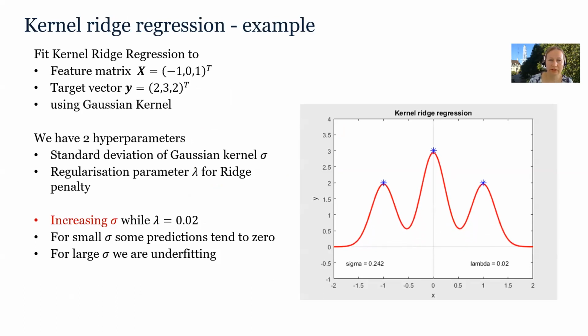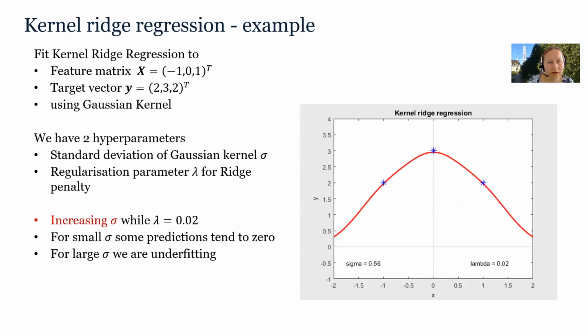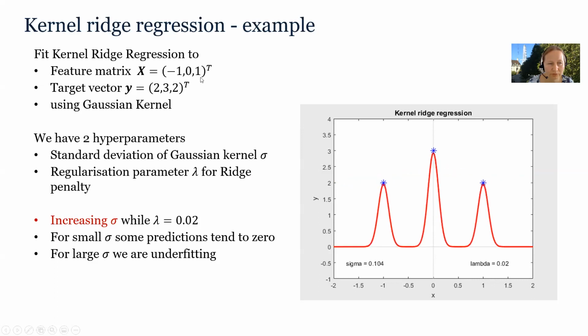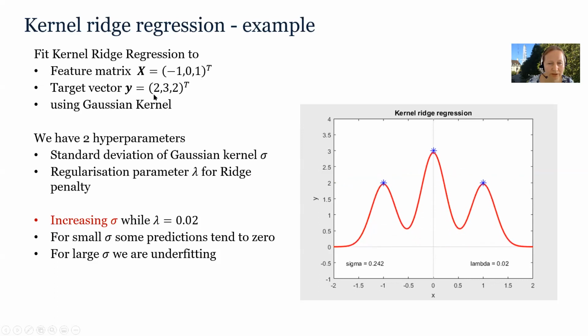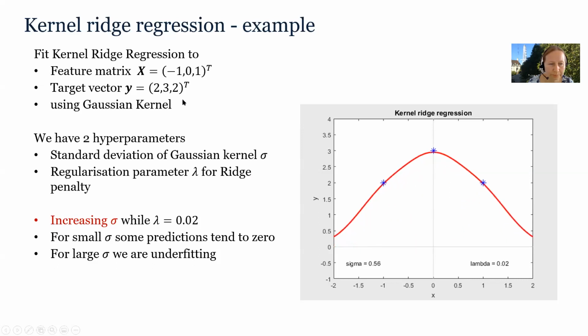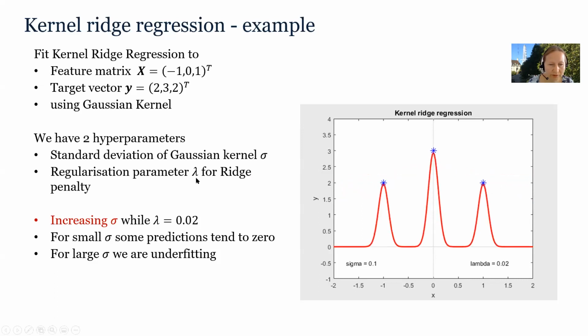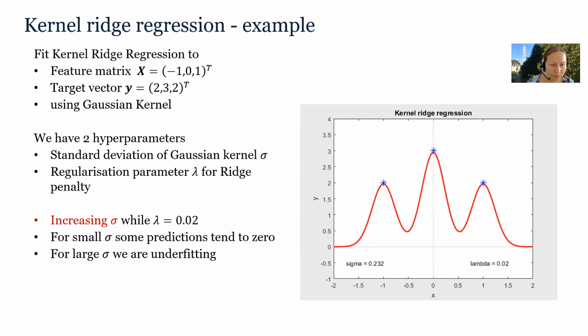So let's look at an example. We have 3 training samples. Their feature vectors are -1, 0, and 1. So we have a single feature and the target values are 2, 3, 2. We use a Gaussian kernel and we have 2 hyperparameters, sigma, which is the standard deviation of the Gaussian kernel, and lambda, which is the strength of the ridge penalty.